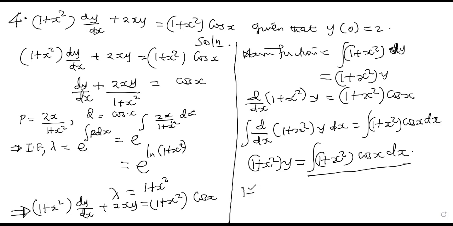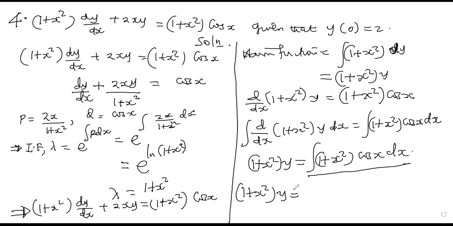So (1 plus x squared) y is going to be equal to, now here you must know how to use integration by parts. Remember it is uv minus the integral of v du/dx dx.